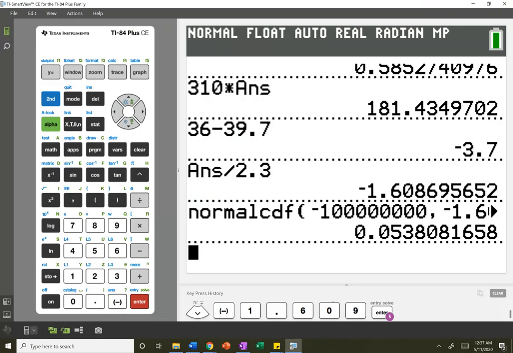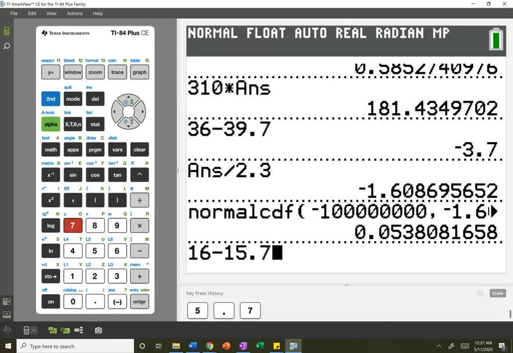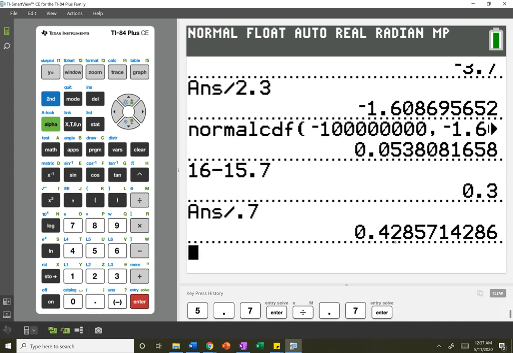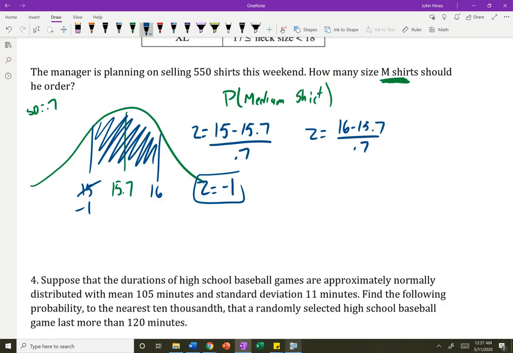This one I can't do in my head. 16 minus 15.7 divided by the standard deviation is 0.4286. Z equals 0.4286.